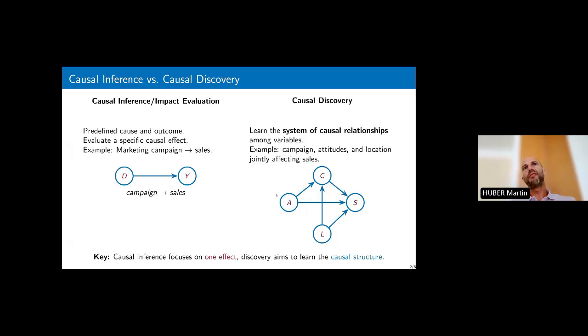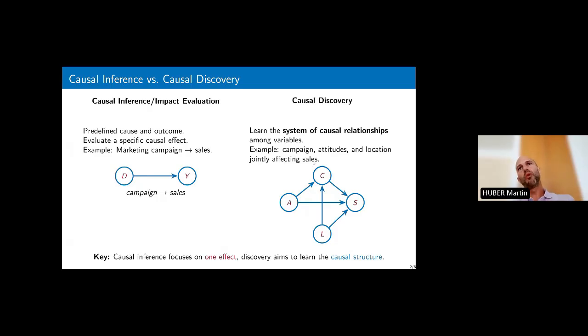But we have multiple variables, for example, the marketing campaign, consumer attitudes, location, and they might have effects on each other, or they might have joint effects on some outcome variable or key performance indicator like sales.